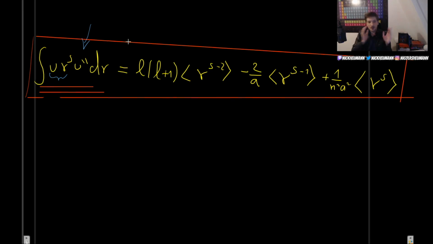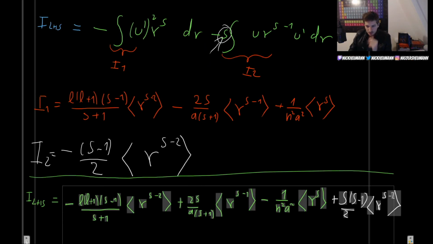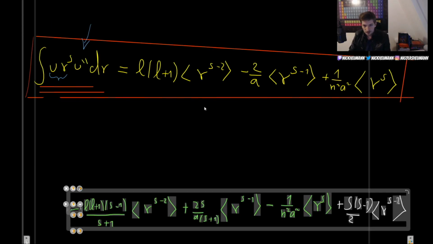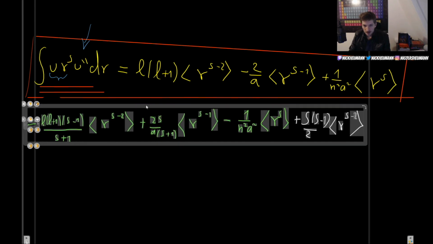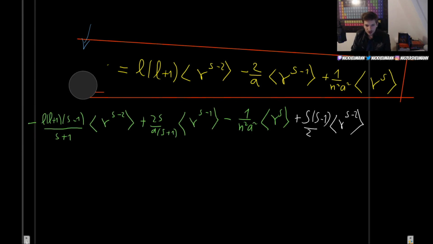So we found the left-hand side and the right-hand side. So we now have to put them together. So this is where you had the left-hand side. Let's just copy it and paste it here. So now these two things have to be equal, right?